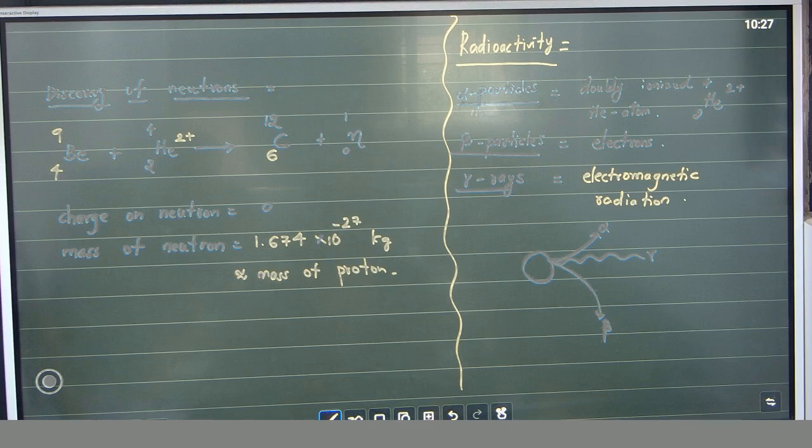This subatomic particle was named neutron due to its neutral nature.